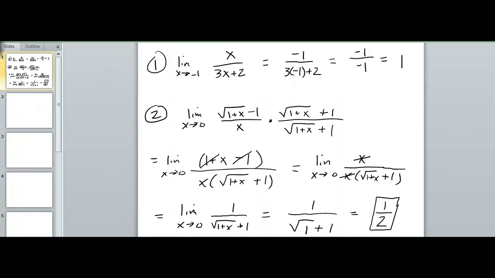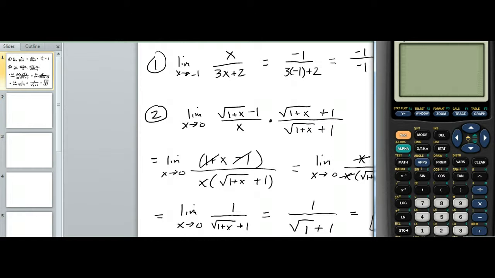Now also notice that if you didn't think to do this, I didn't tell you how to evaluate your limit. I didn't say you had to do it by hand. You could also have just plugged this into your y1 equation. The parentheses is needed up top because we got this subtraction, but we've got the square root of 1 plus x minus 1.